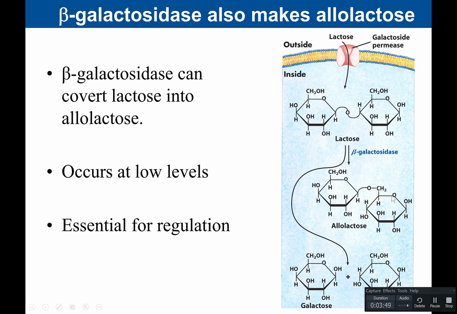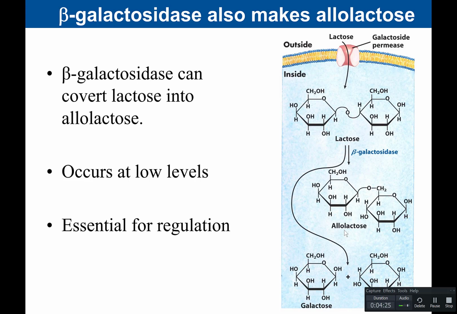So the cell is going to take that lactose, and sometimes the beta-galactosidase, instead of breaking it into its monosaccharides, is going to convert lactose into allolactose. This occurs at very low levels. So again, it's not going to occur often, but it does happen. But this is essential for regulation, because what you're going to see in a minute is that allolactose acts as the inducer. It's the signal that says lactose is present, turn on expression.